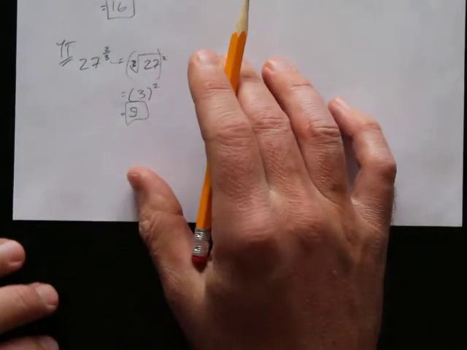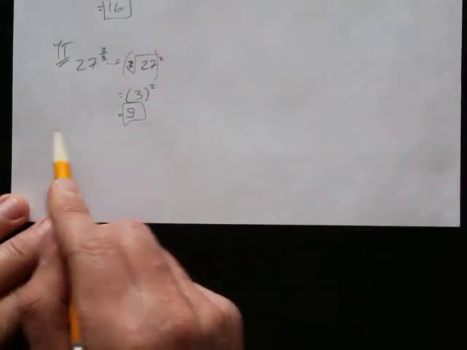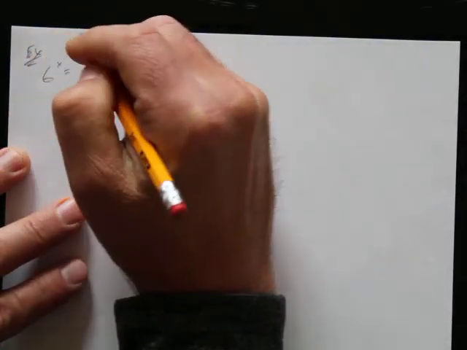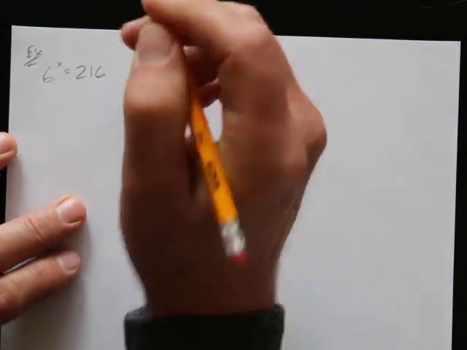All right, now we're going to kind of switch gears a little bit, and we're going to solve for x. And I'm going to get a new piece of paper here. Here's what these examples are going to look like. I've got 6 to the x power equals 216.